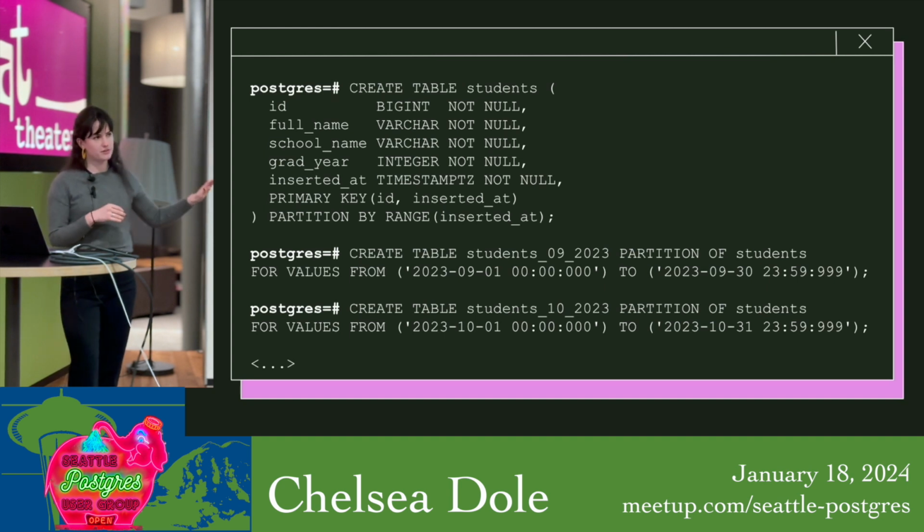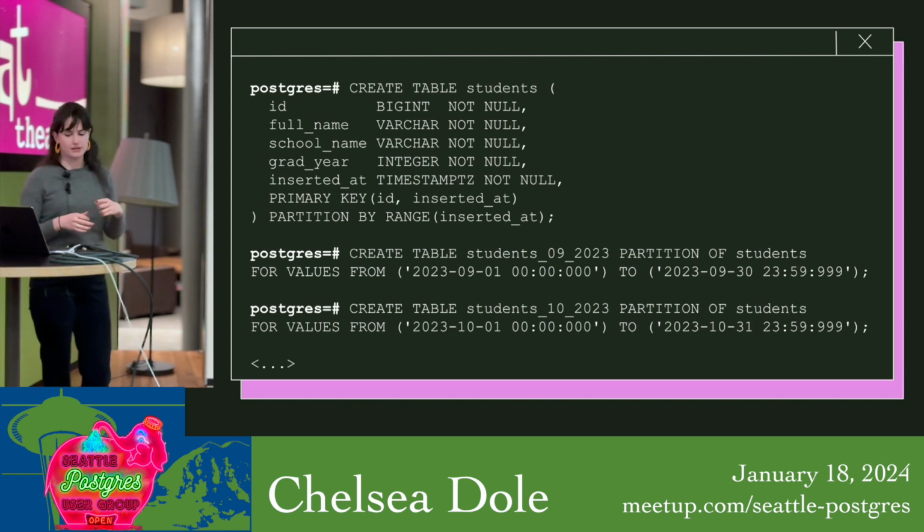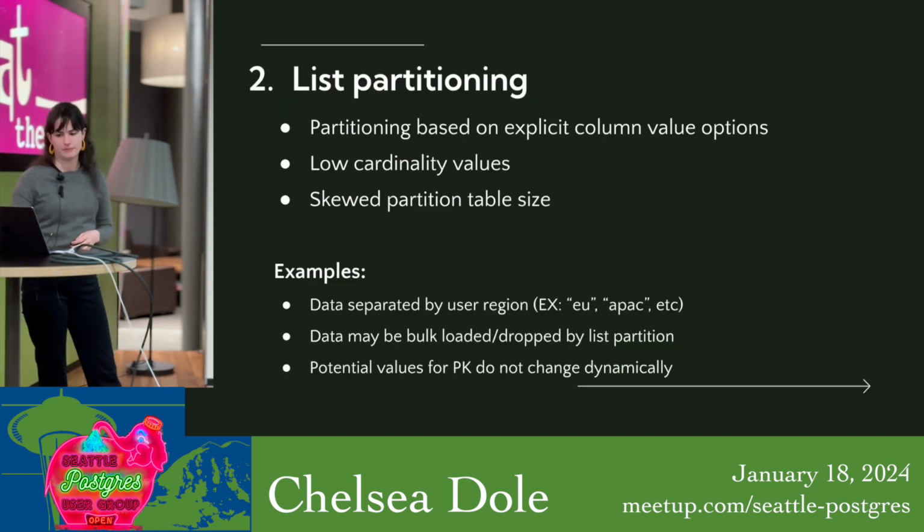If I just ran the first statement and I tried to insert or delete from it, it would actually error. The reason for this is that at this point, I've set up the parent table, but there's no place for the data to actually live. So it would error no matter what I tried to insert. So I have to manually create those partitions, create table partition of students with values from min to max as many times as I want.